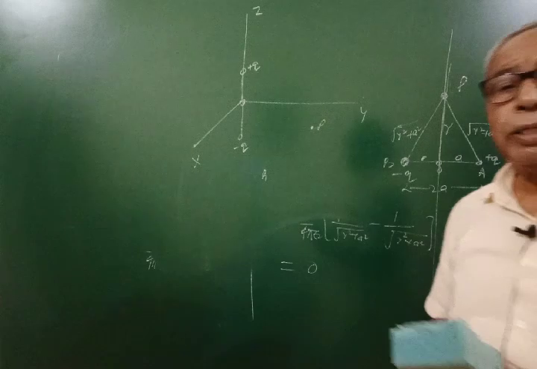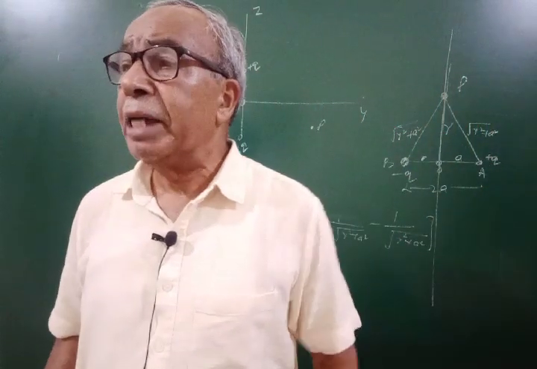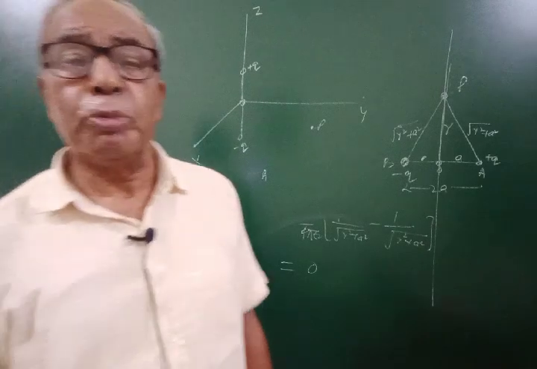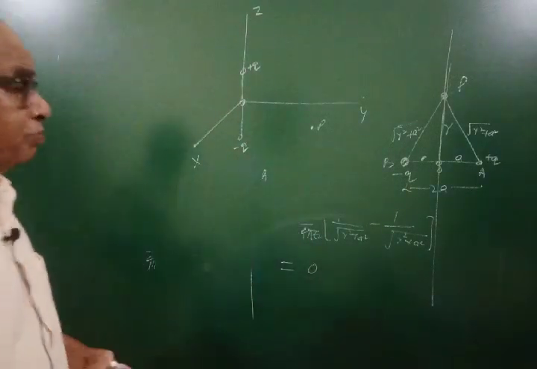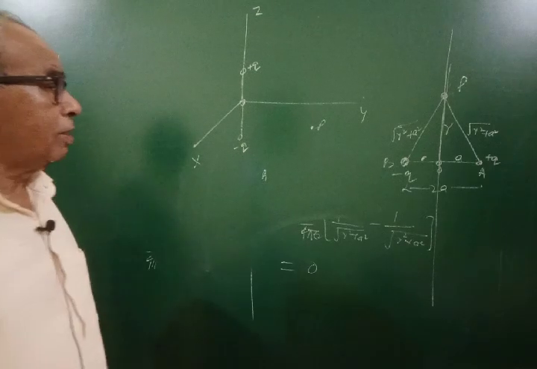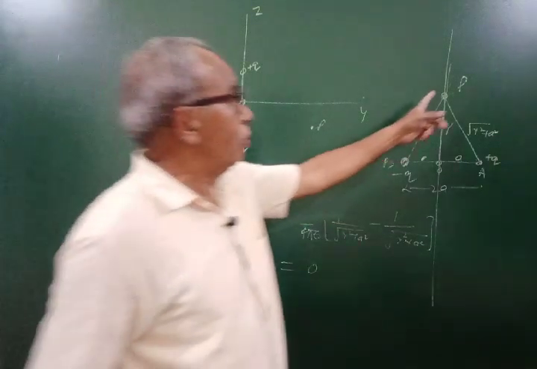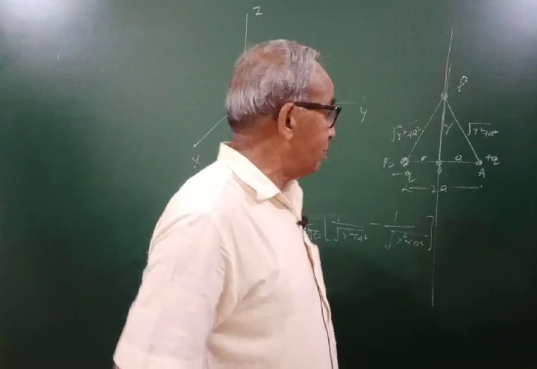So any point which lies in the plane which bisects the axis of dipole perpendicularly, potential is 0. Okay, please remember it. And hence, if we move a point charge from P on this line, no work done.